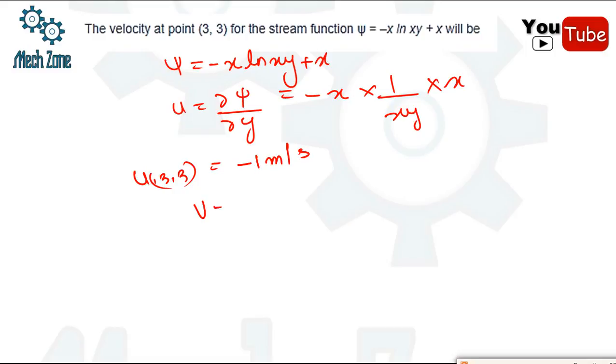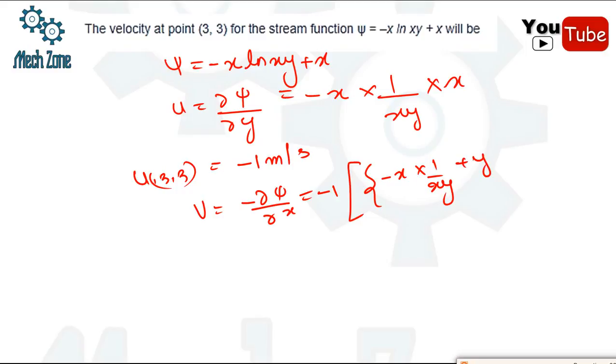Now v = −∂ψ/∂x. So this is coming out to be −[−x into 1/(xy) multiplied by y + ln(xy) into (x − 1) + 1].